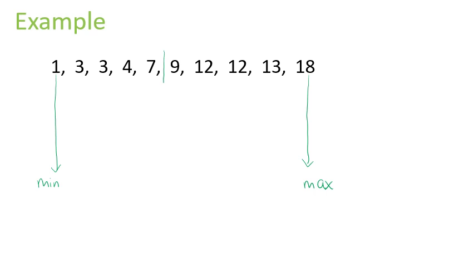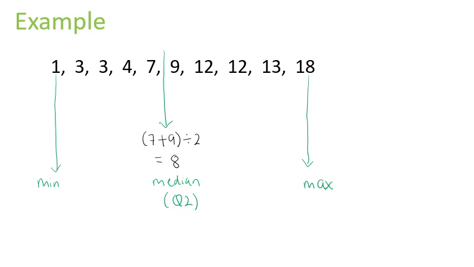So this here, this is the middle point of the data. So our median is 7 plus 9 divided by 2, which equals 8. So that's our median, or as it's also called, our Q2.